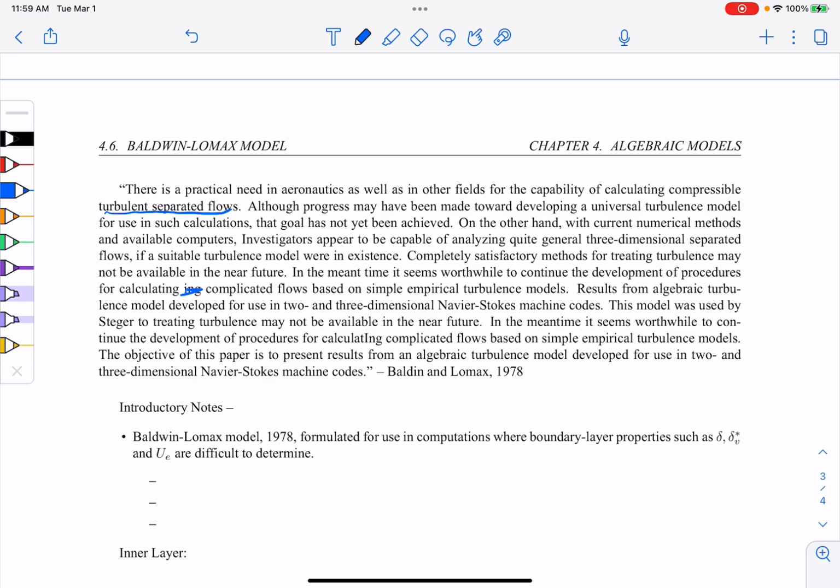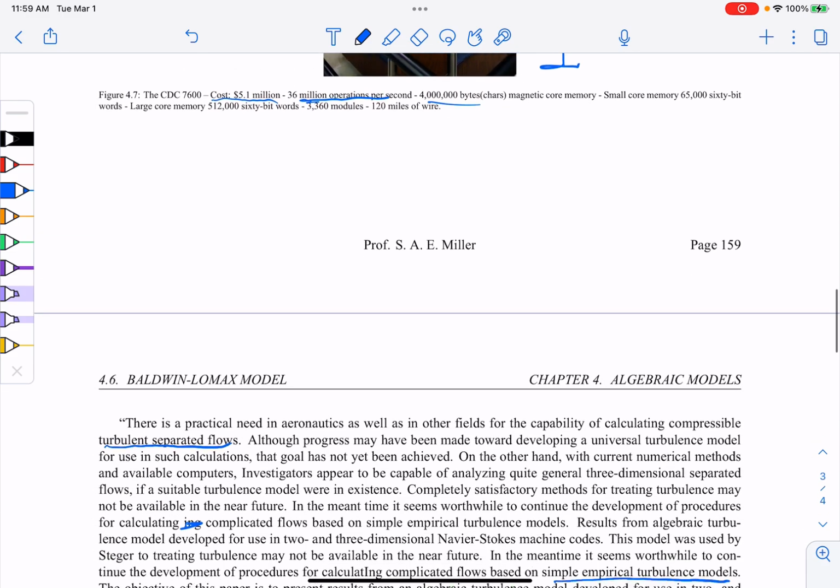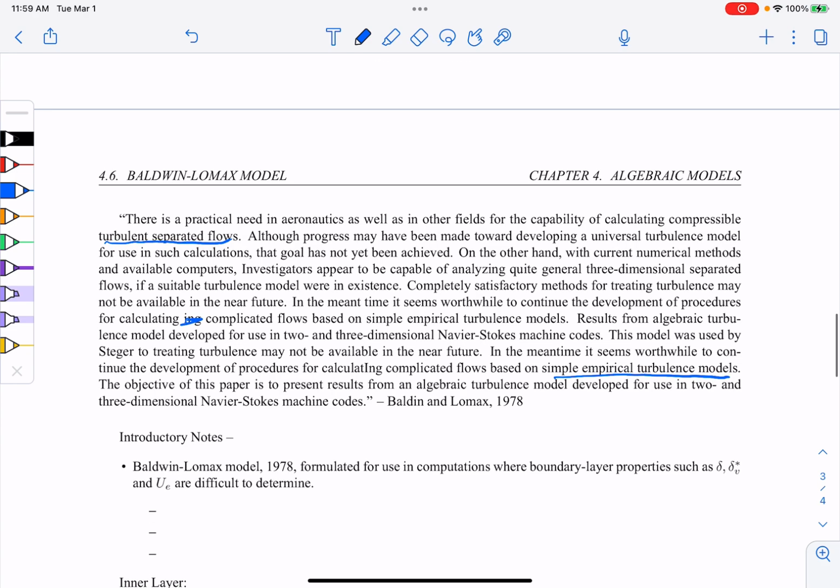In the interim, it may be worthwhile to continue development of procedures for calculating complicated flows based on simple empirical turbulence models, meaning ones that can run on their $5 million computers at the time. So you can kind of put yourself in their shoes. The objective of this paper is to present results from an algebraic model developed for use in 2 and 3-dimensional Navier-Stokes machine codes, and that just means running on digital computers.